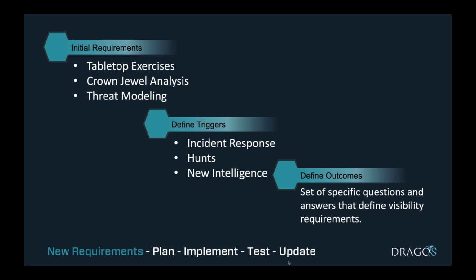So whether you've experienced an incident response case, whether it's something fairly benign, such as a near miss that almost happened in your environment, or commodity malware that did make it into an environment, but did not luckily have any impact. That should define some triggers to start this process all over again, so that you can start asking the questions, what more visibility would I have needed to be able to detect this prior to now?